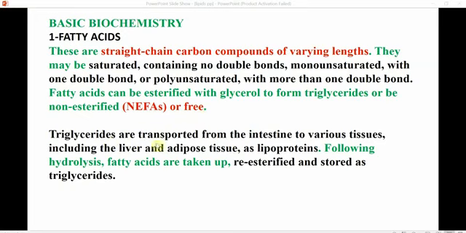Generally, triglycerides are transported from the intestine, when these are absorbed from the diet as exogenous lipids, to various tissues, including the liver and adipose tissues, as lipoproteins. After their hydrolysis, these would be taken up by the adipose tissues to be re-esterified and stored as triglycerides.